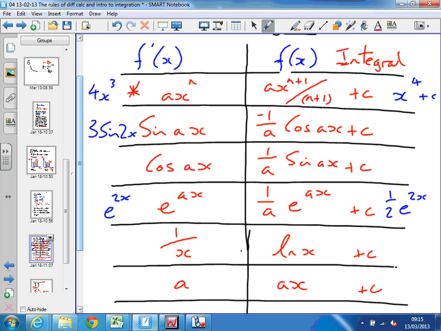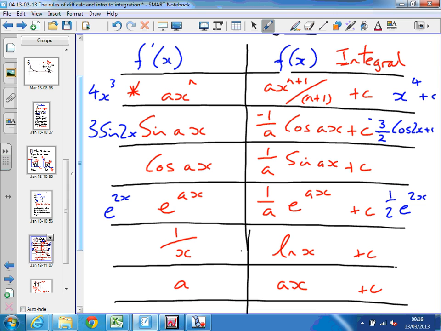So for this example, and you might want to put this in, the 3 stays in front. It becomes negative, because we note the negative sign there. We then divide by the number that's inside, which is the 2, and the sine changes to a cosine. The rest stays the same. So 2x plus c. So that would be an example of how this one's used.